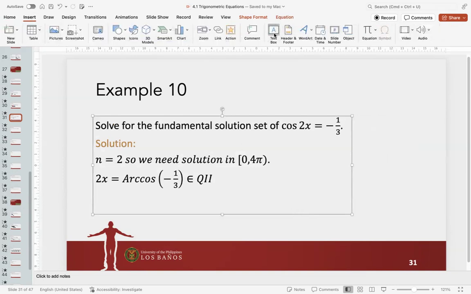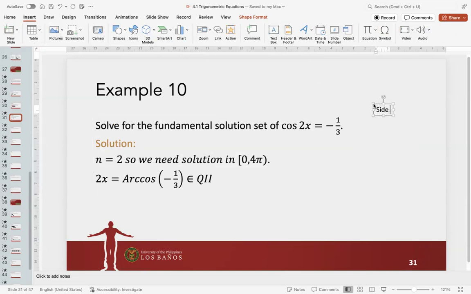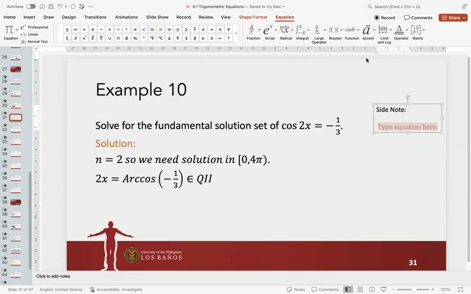So gawa tayo ng maliit na side note here. Side note. Okay? So the reference angle of our cos negative x, okay? Hindi pala. Ulitin natin.